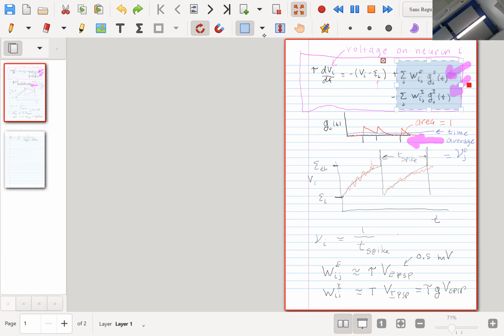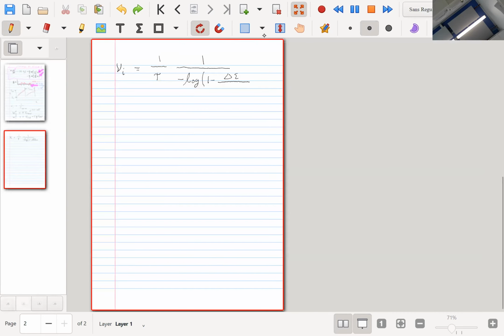And that time average term, which we called C, is going to be basically equal to the weights, which is tau V PSP, E PSP, times K, which is the average number of connections per neuron, and then the average excitatory firing rate minus G times the average inhibitory firing rate.